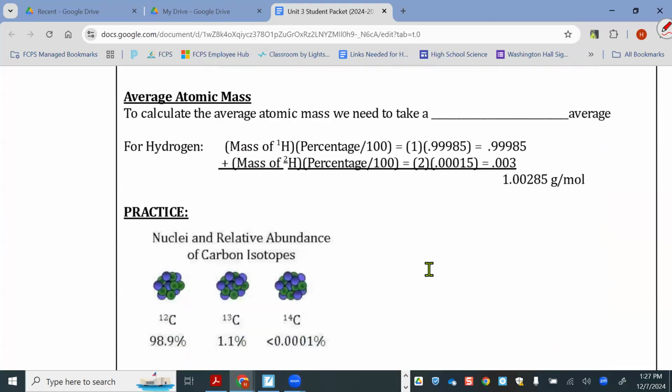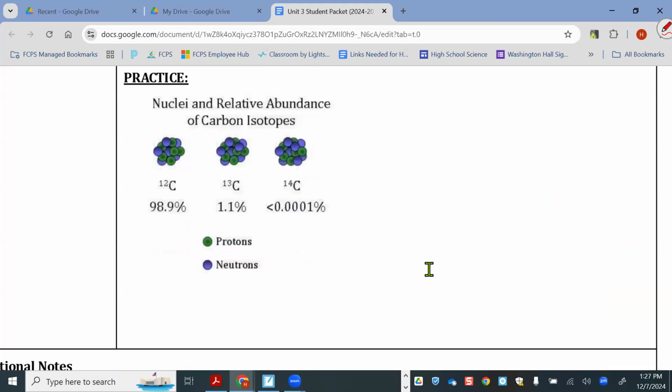Okay. So in this case here, where the mass is on top, that's the abundance right there. So I take 12 multiplied by 98.7%.